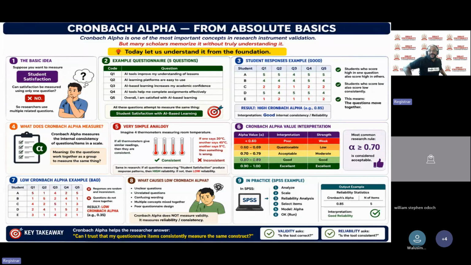When you use a number of questions to get one specific piece of information, there should be internal consistency between the questions you ask.